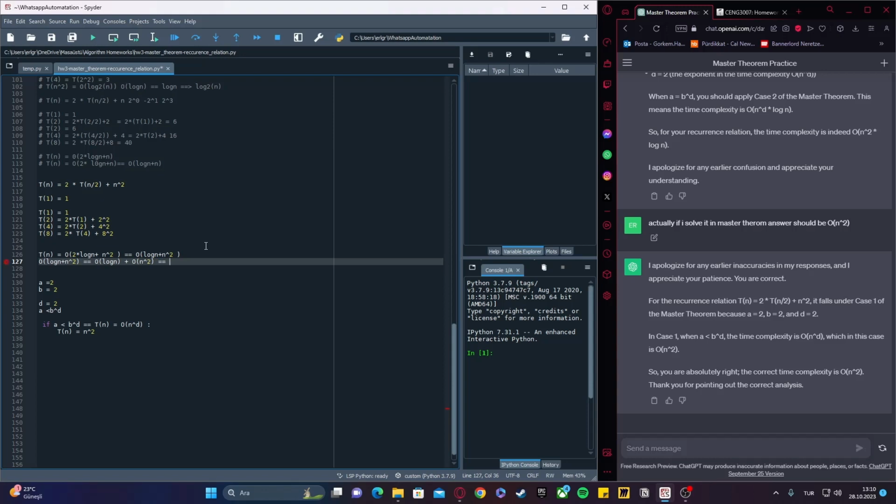So we can ignore the log n, it is ignorable in O log n. So the answer is O of n power 2. Actually, this must be the answer. I solved it wrong the first time. The log n could be ignorable.